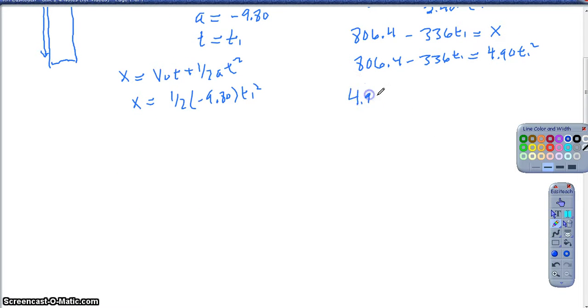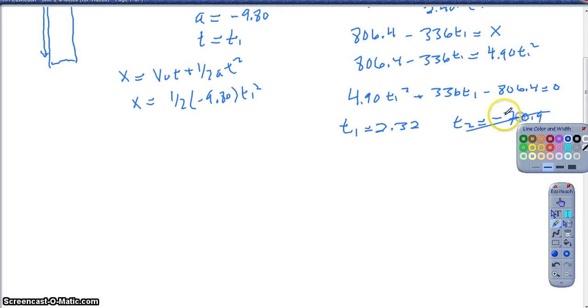So 4.90 t1 squared plus 336 t1 minus 806.4 equals 0. I just moved both of those over to the other side. And then when you do the quadratic formula for this, you end up getting 2.32, and you get another possibility of negative 70.9, but obviously the negative 70.89 there doesn't make any sense.